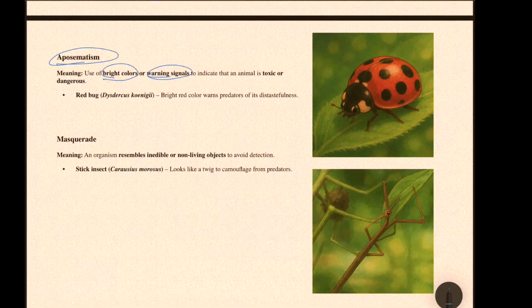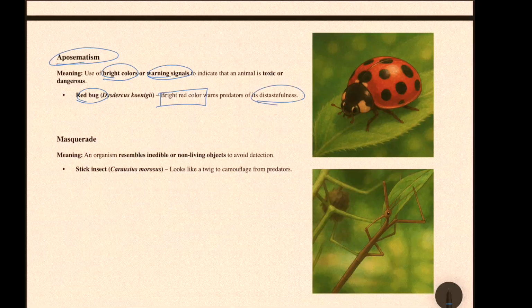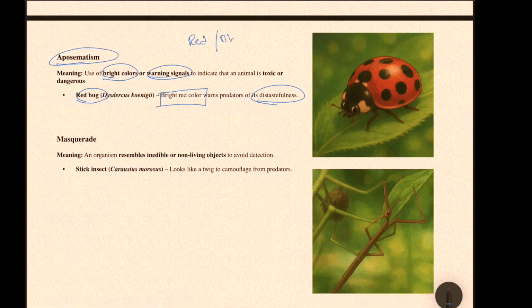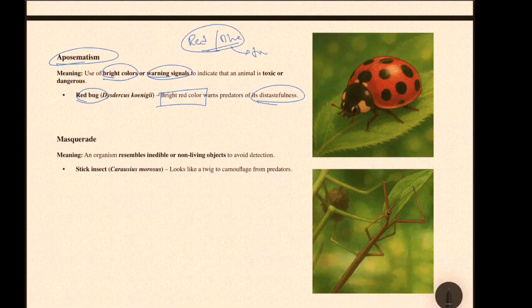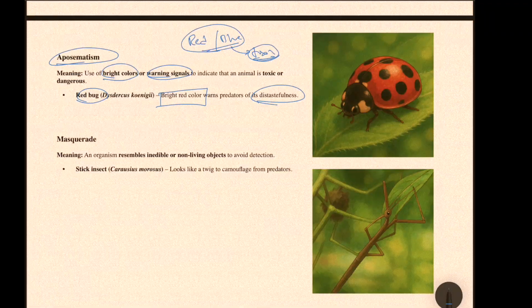Here, for example, we have a red bug, which shows a bright red color pattern to tell its predators that it is distasteful. Similarly, there is a principle in nature that anything, whether a fruit or an insect, that is particularly bright red or blue is generally toxic for animals or organisms to consume.